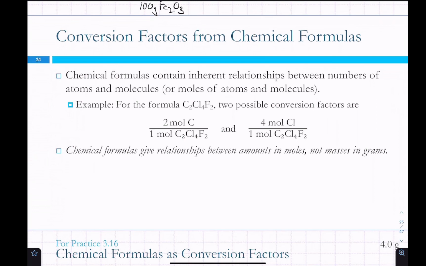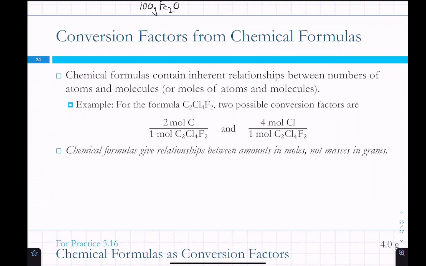That's this idea that we can use the chemical formula of a compound to convert between a certain number of moles of that molecule and a certain number of moles of an individual atom or element in that molecule, because the subscripts on these chemical formulas represent a specific ratio.